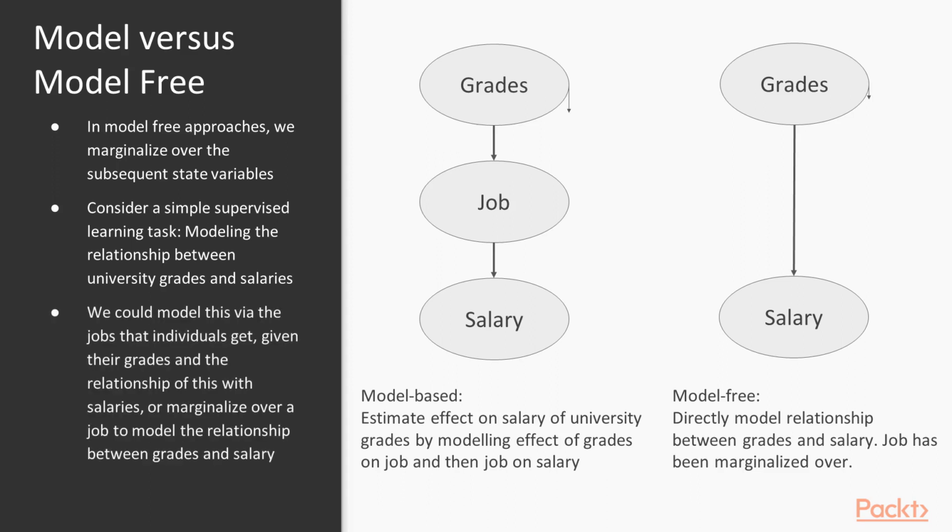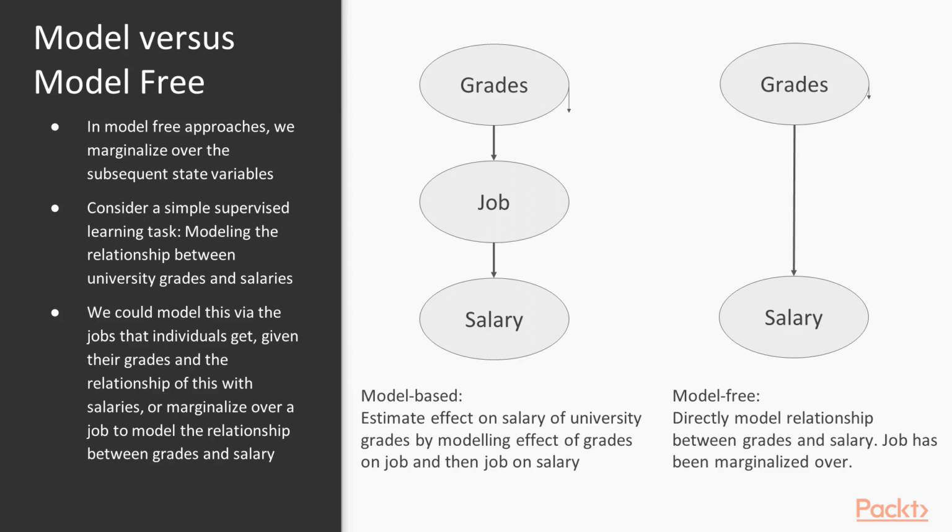But we can marginalize over that and just directly model the relationship between taking certain actions in certain states and following a particular policy and the expected rewards without explicitly modeling how we expect the system to evolve based on this. So go over these slides a little bit more on your own time if you're interested and if you're having a bit of trouble following these ideas.